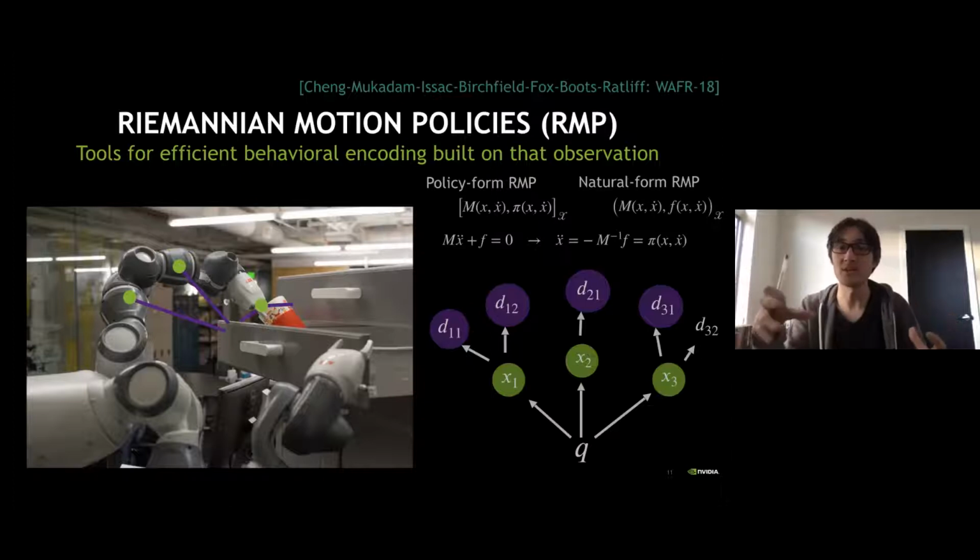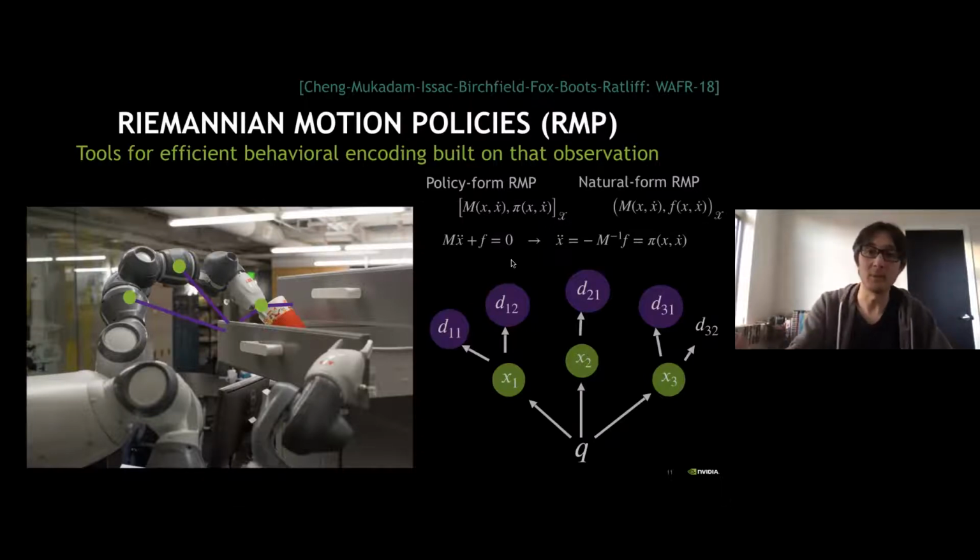This metric is a matrix, which for any position and velocity tells us what directions in the space this policy cares about. And then when you pull it back into the root using a particular type of mathematical operations, the result ends up being a very intuitive metric-weighted average of each of these policy components.